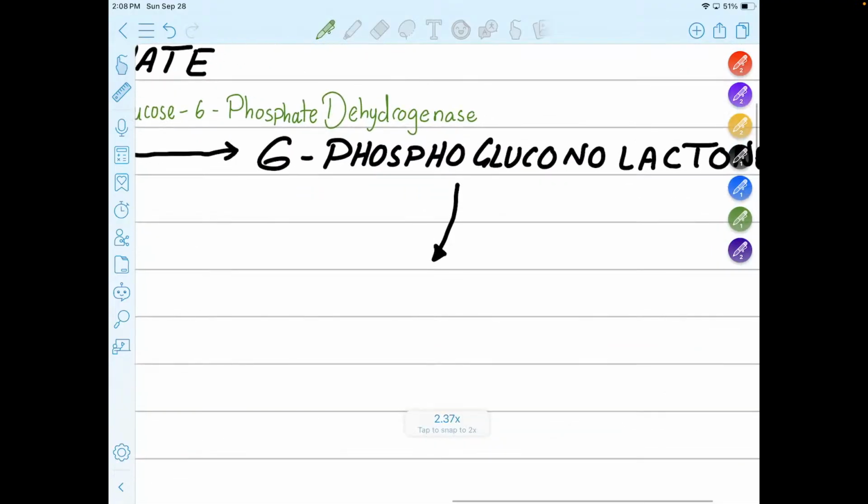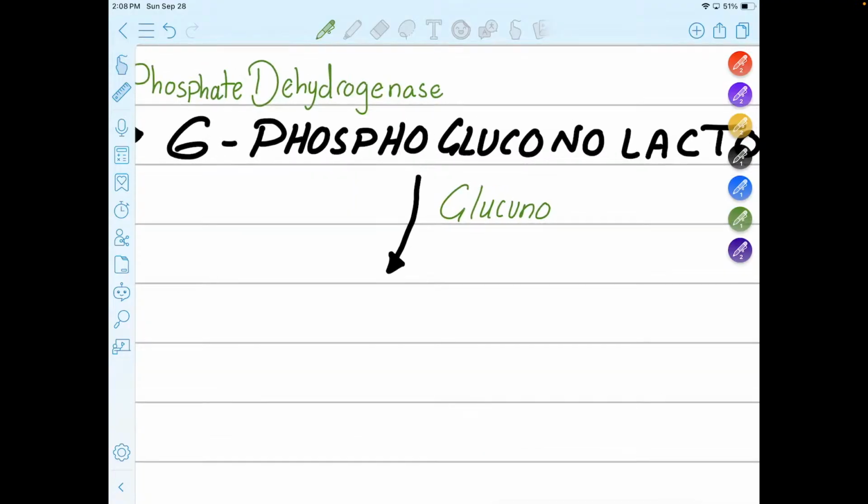So here the enzyme would be gluconolactonase, I think. Not sure.